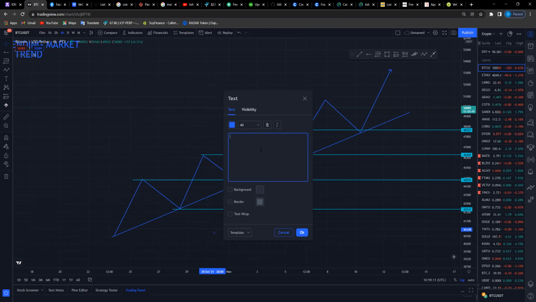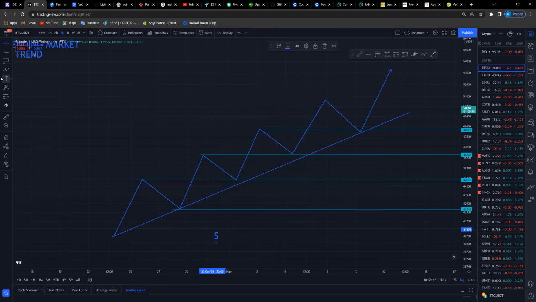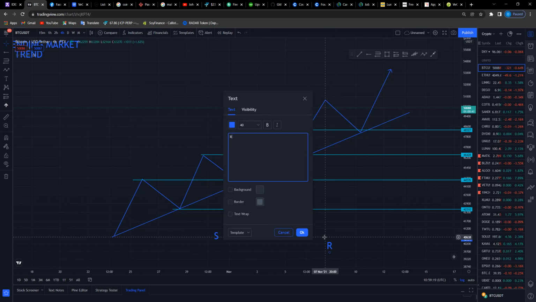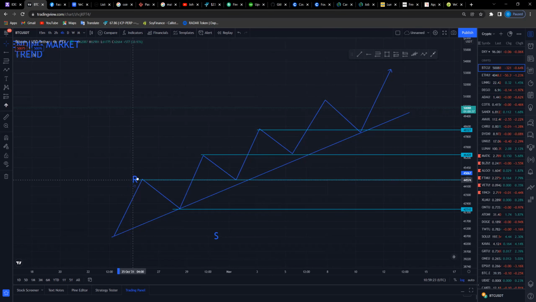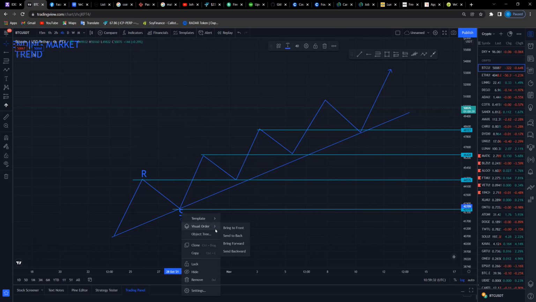So this is the support here. Then we have resistance here also. This is a resistance here, and this is support here. That's a support there, and that's a resistance as well.